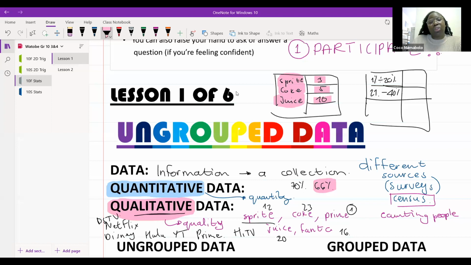But when we talk about quantitative, we're going to have to group them according to their numbers. We use intervals. I'm glad you understand, Buntle. I hope everybody's on the same page with me.